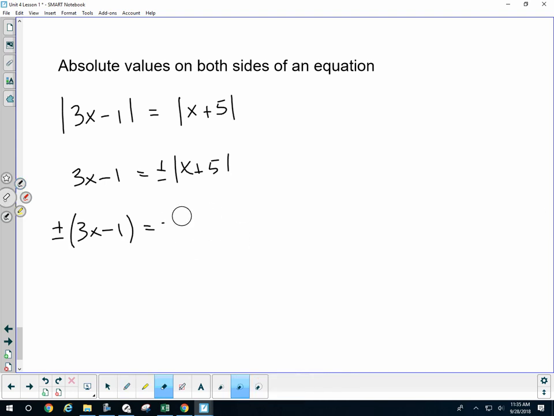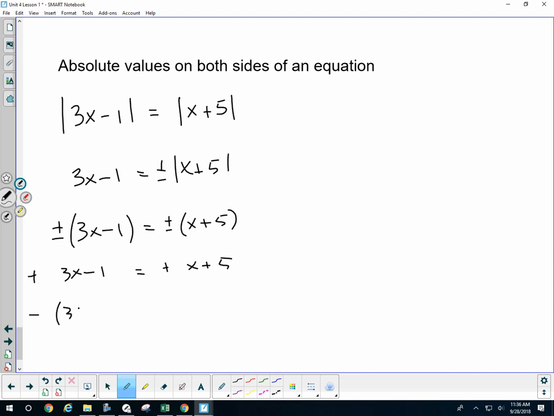Minus, minus, plus, plus, minus, plus. Yes, this is brilliant. We have 4 different situations, it appears, because we have plus or minus, which means I have a plus and a plus. What's that going to look like? 3x minus 1 equals x plus 5. And then I have a minus, minus.